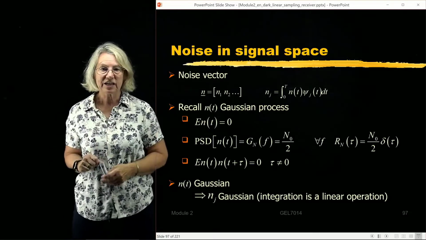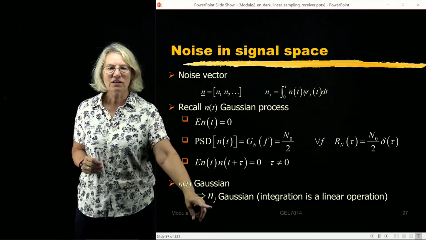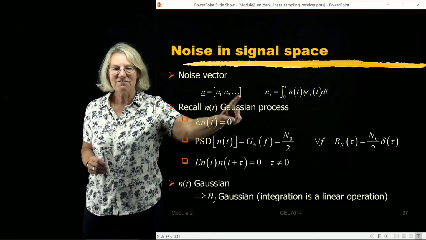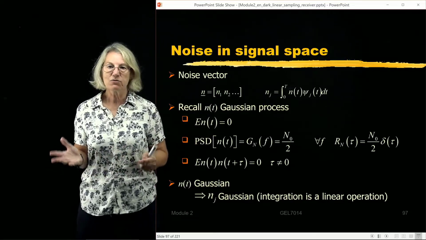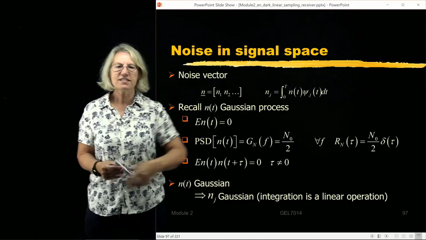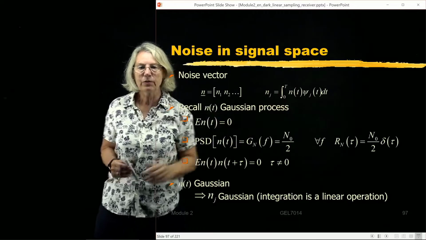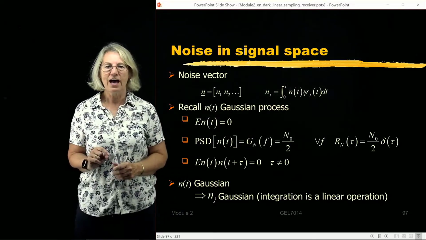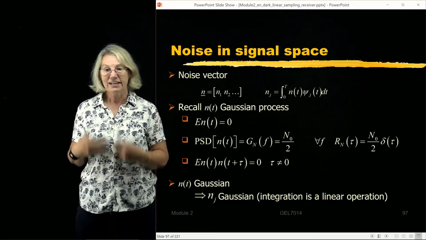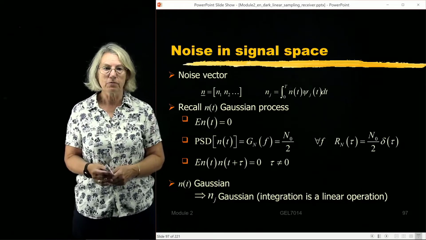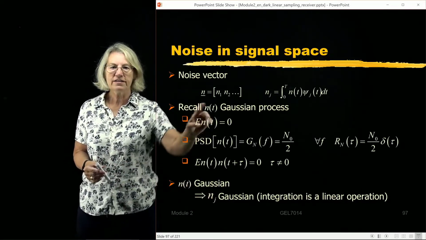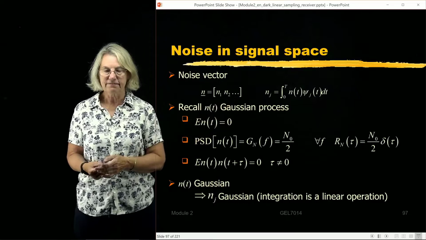The first thing we can conclude is that all of these elements in the vector are Gaussian random variables, because this operation is a linear operation. And we know that any linear operation on a Gaussian random process yields another Gaussian random variable. So all these n_j's are Gaussian.